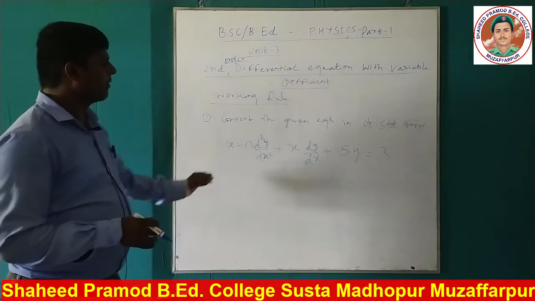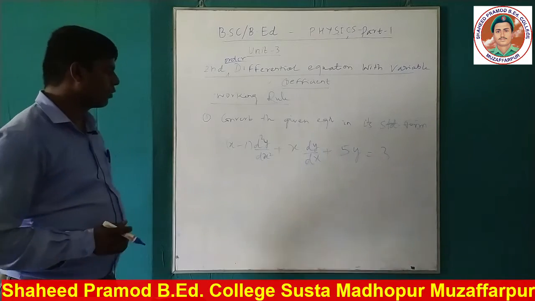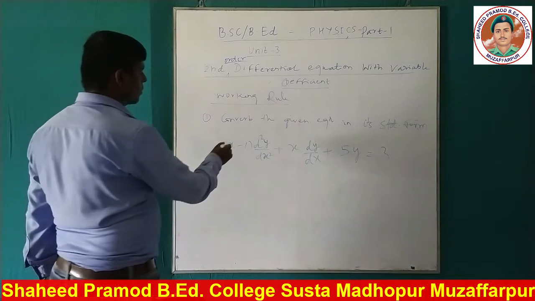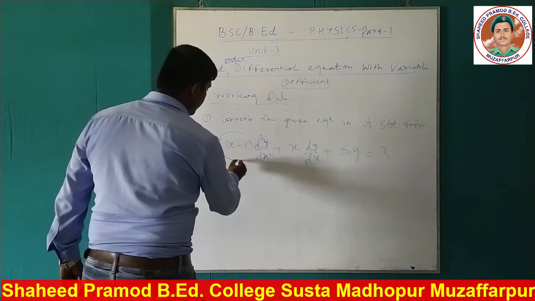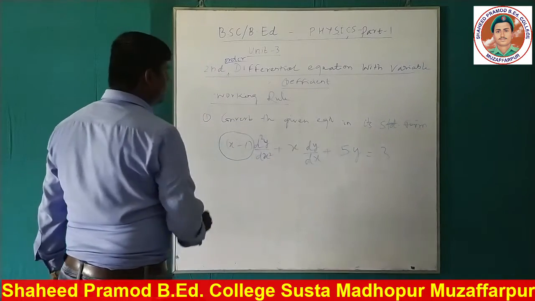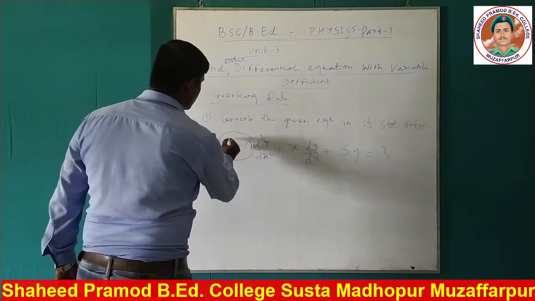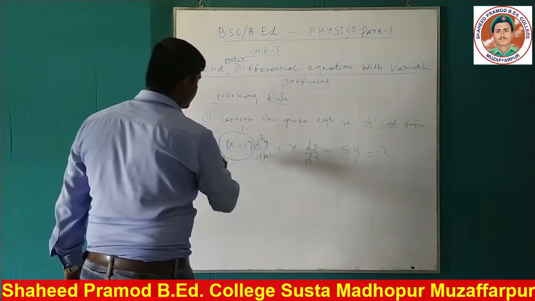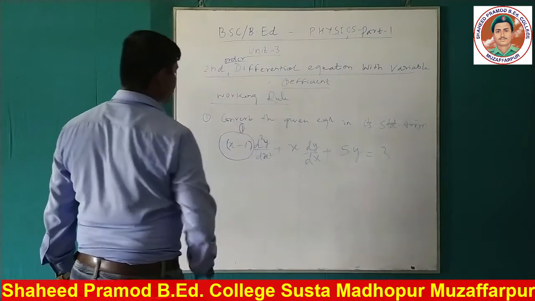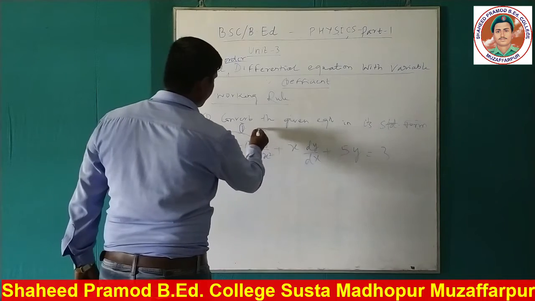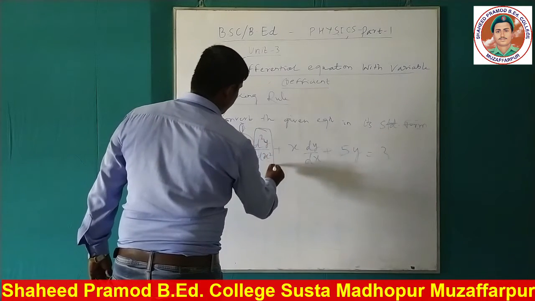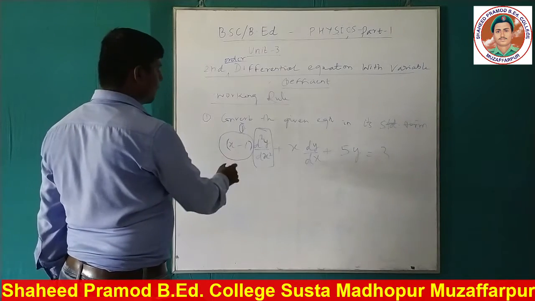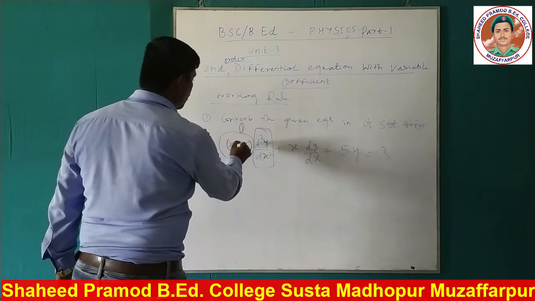I have given one example; you can take another example also. Since this is not in the standard form, because standard form means there should be a unit coefficient of the first term of this equation.